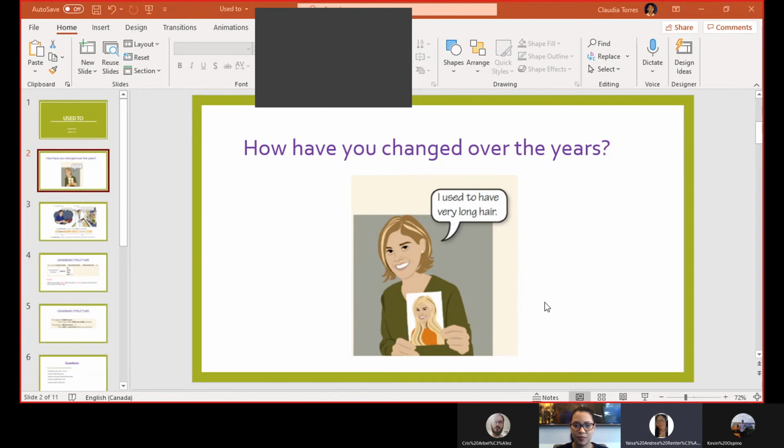Yes, you're right, she looks younger, and she is smiling in that picture. And if you can see, she has longer hair, right? Yes. Which is different from now.